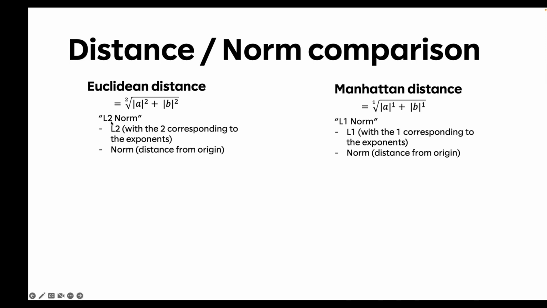Essentially this 2 is because you're squaring these terms, and the 1 is because you're raising the absolute value to the power of 1, which you don't write because you don't have to, but it is there. And then the norm, of course, is the distance from the origin.